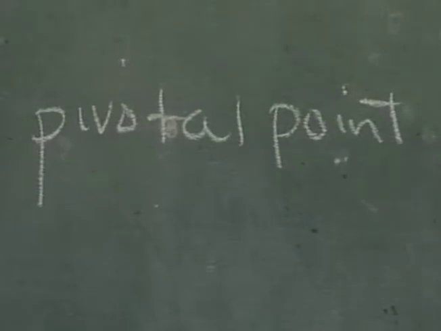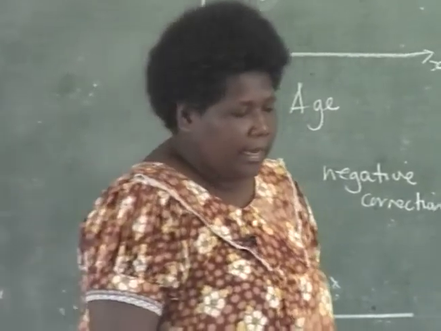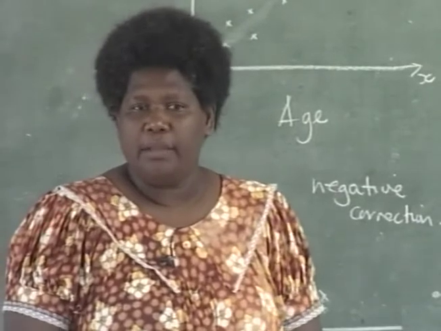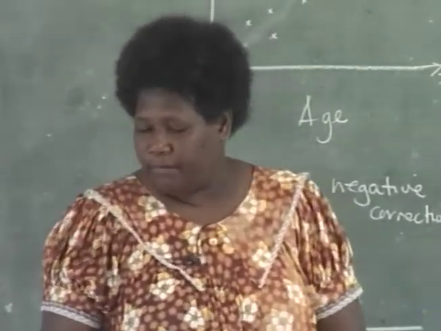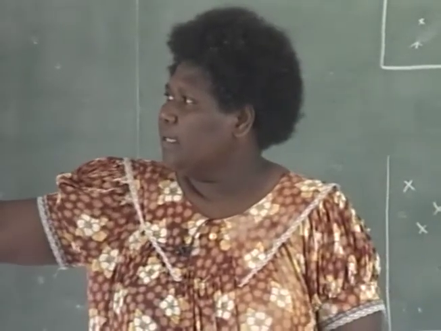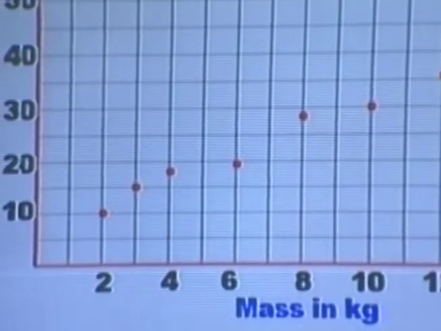But in case those two other names are used, it's got 3 names. Okay, then the next thing you do is you plot that point on the graph. It is not on the table of values, but usually what happens is that when you calculate it, it will be somewhere right in the middle.